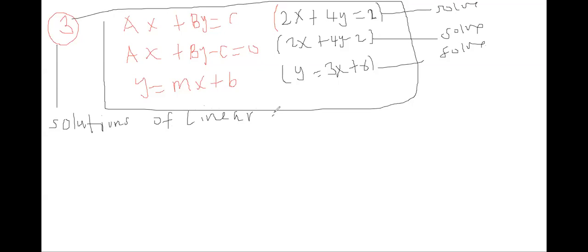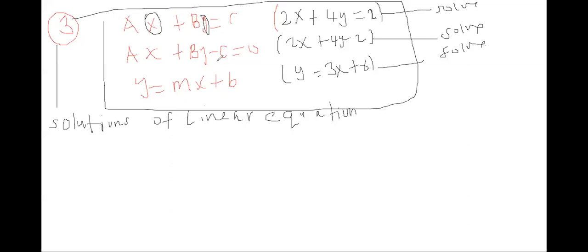So we are asked to find the value of x and y such that if we multiply the value of x by a, and multiply the value of y by b, and we add them, it should give us c. We are trying to find the value of x and y that will make this equation true.